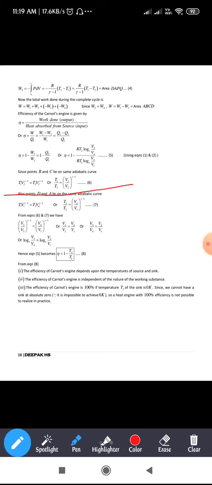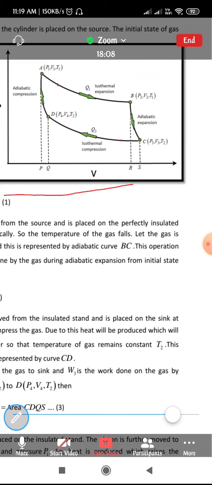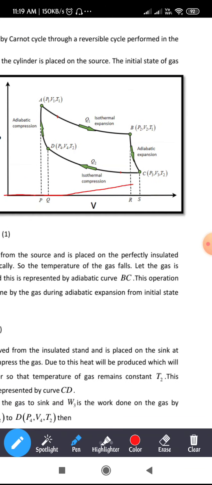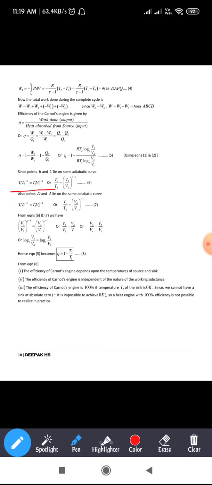See here, when you go through the adiabatic curve, we want temperature and volume: T1 V2 at point B and at point C we have T2 V3. That is what we have written here. T1 V2 to the power of gamma minus 1 is equal to T2 V3 to the power of gamma minus 1.